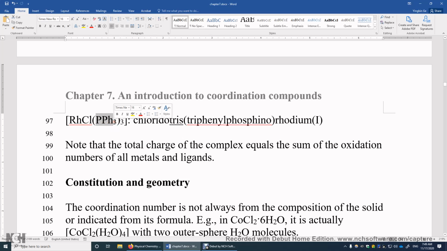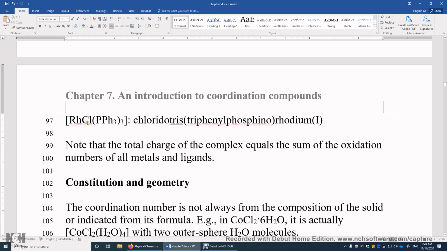This triphenylphosphino is neutral. It's a neutral ligand. This ligand just uses its lone pair electrons to form bonds with the transition metal. And the bond between rhodium and chlorine is a single bond consisting of 2 electrons. When you are trying to determine the oxidation number, give these 2 electrons to this chlorido ligand.